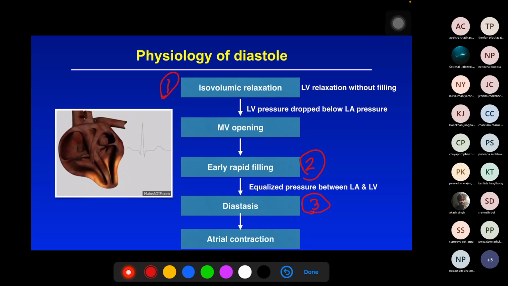After the pressure between LA and LV is equal, the last phase is generated by the atrial contraction.